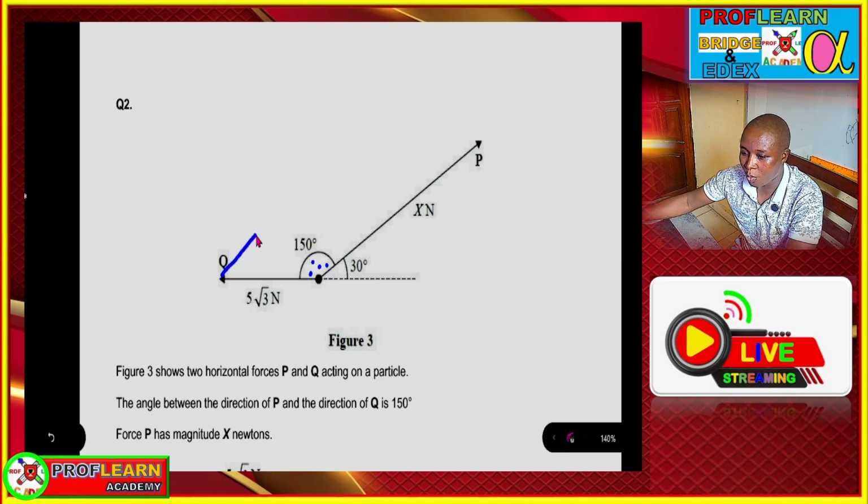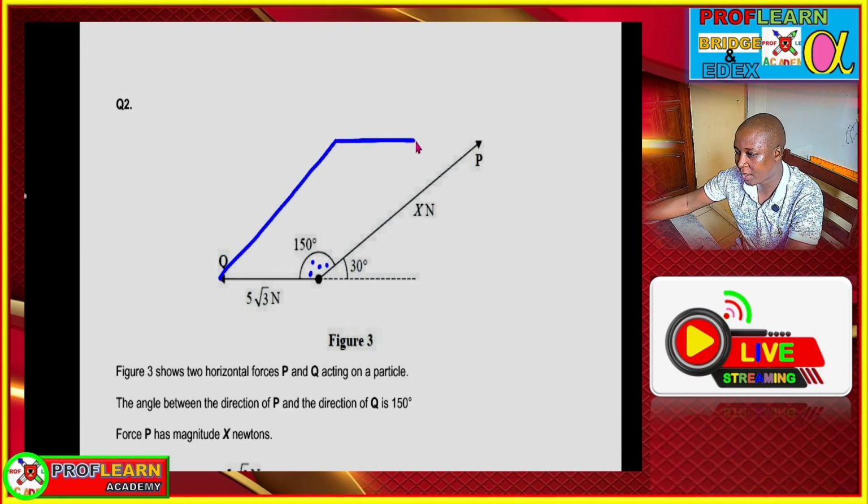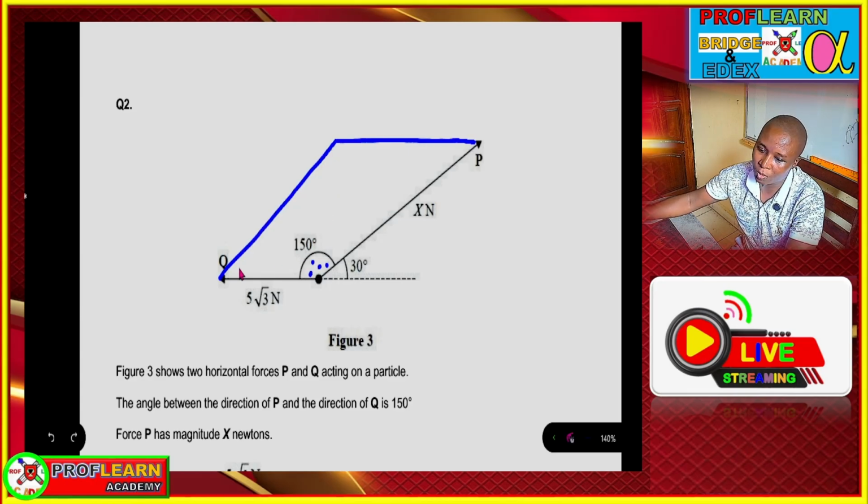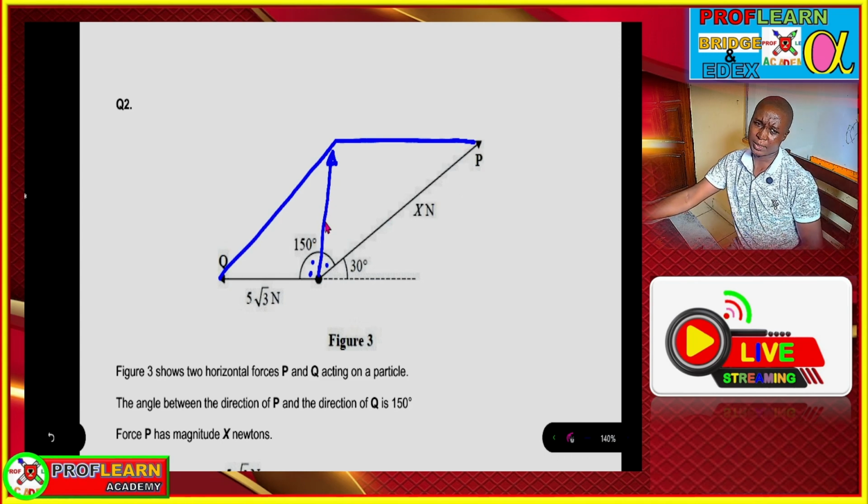If we want to find the resultant force, we can complete the diagram so that we obtain the parallelogram. Because this force is pulling this side and this force is pulling this side, the resultant force will be acting in that particular direction.